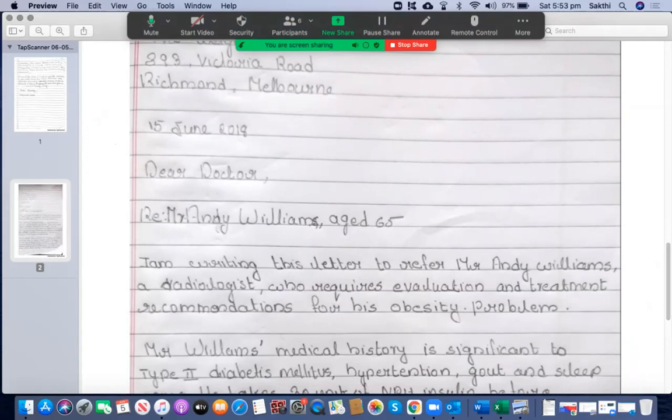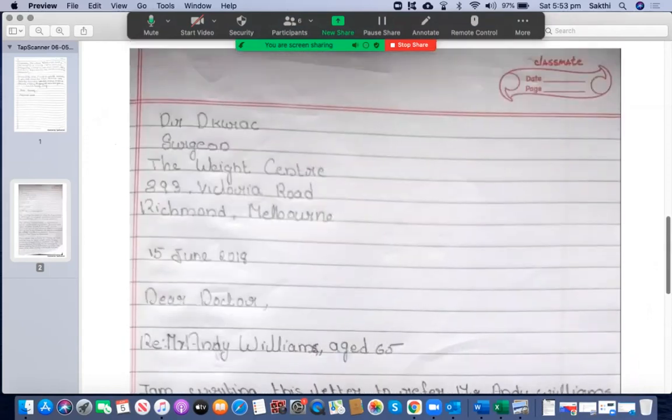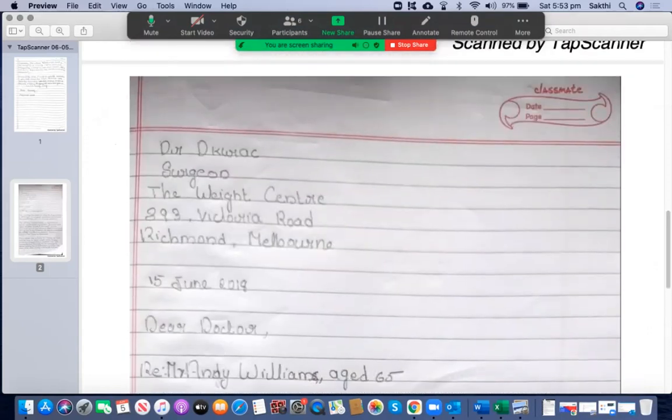And then you have written down the date in the correct format. I'm happy with that. And then you have used "Dear Doctor". Now, when they give you the name, you have to write down that name. If they don't give you the name, if they only mention the occupation or the designation of the addressee, then you have to use their designation.